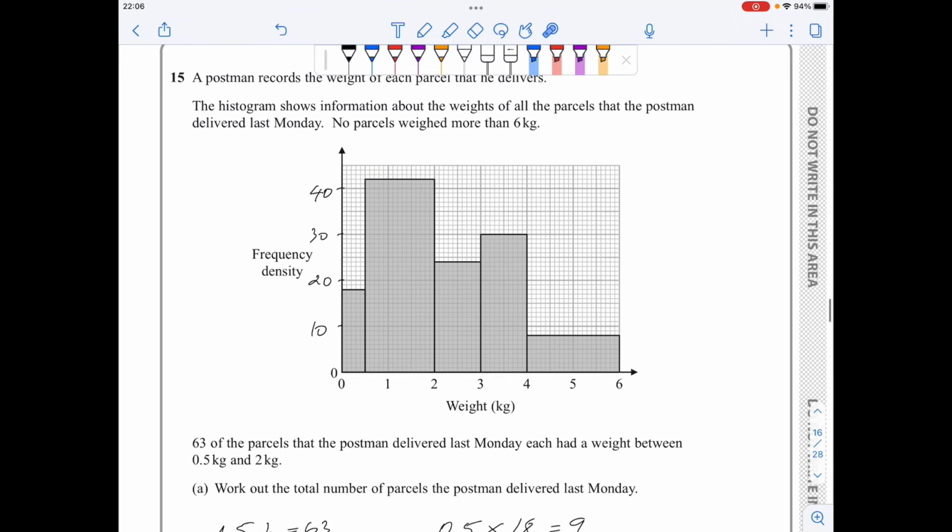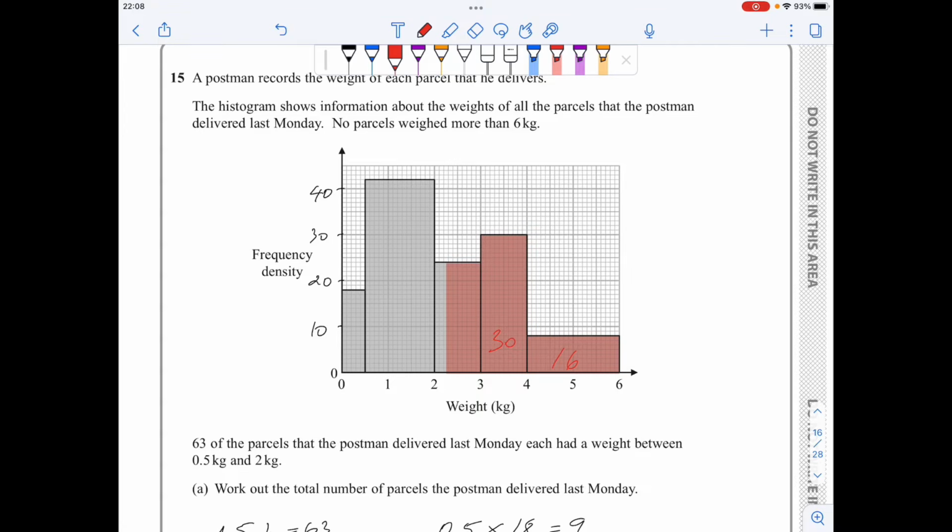Now for part B, I need to find the number of parcels weighing more than 2.25. So basically, I need to find the following area. Now the frequency in the last bar is 16. The frequency in the second to last is 30. And I know the group between 2 and 3 has a frequency of 24.